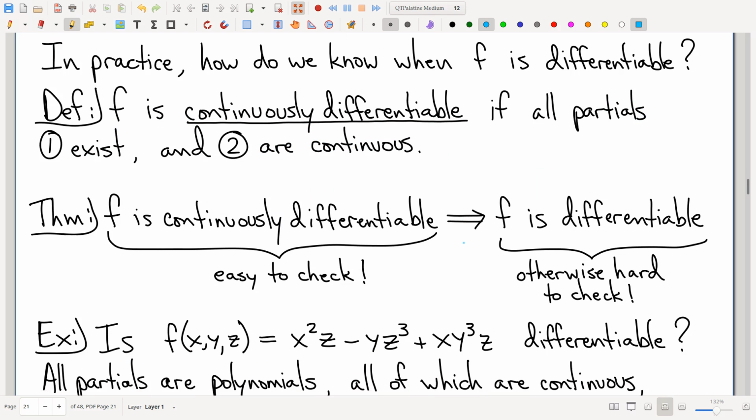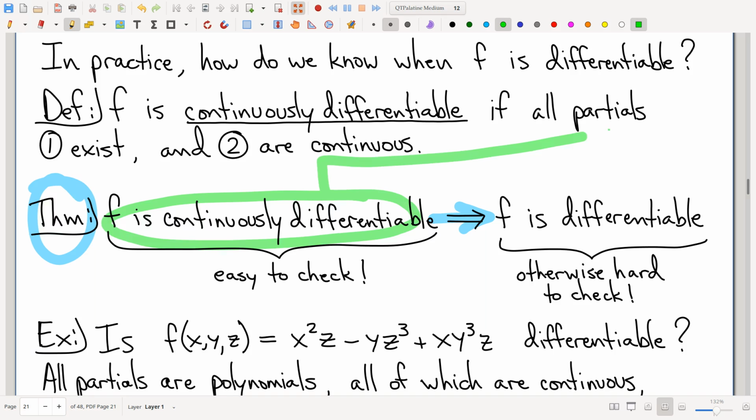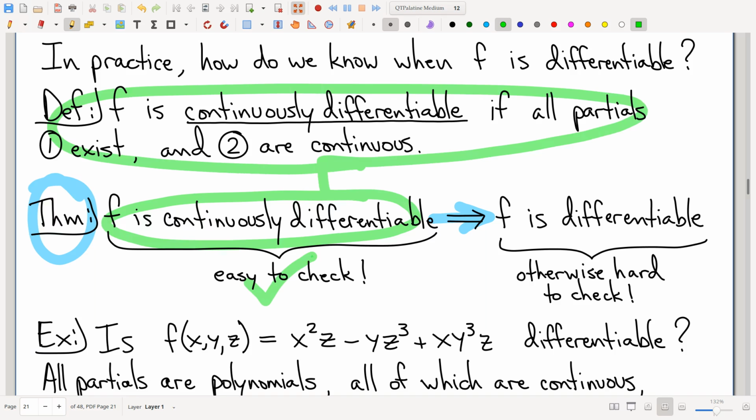Why do we care? We care because of this theorem right here. The theorem says that if the function is continuously differentiable, again easy to eyeball at a glance, then it is differentiable, which is that scary concept on the previous page with relative error and multivariable limits and all the yikes that would go into it.